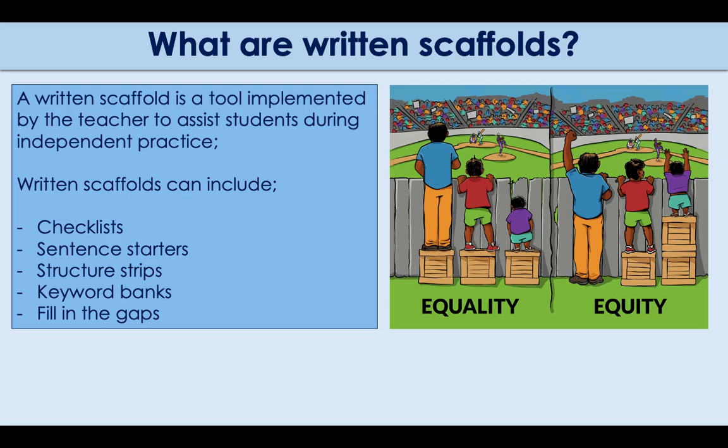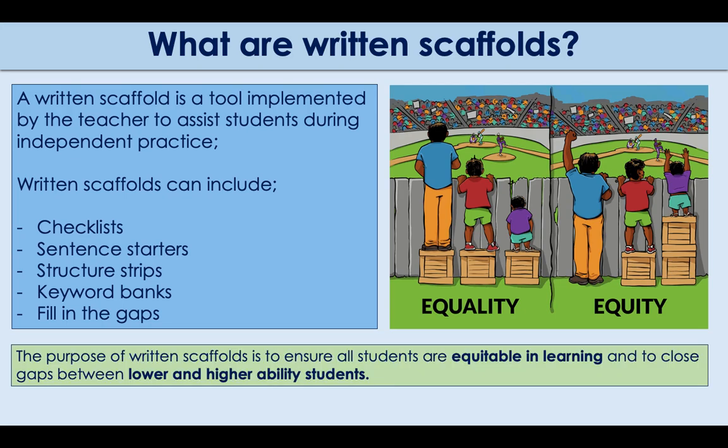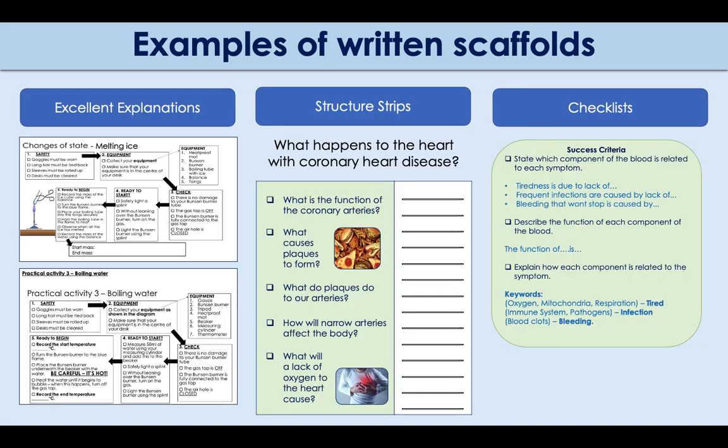Examples of written scaffolds can include checklists, sentence starters, structure strips, keyword banks, and fill in the gaps. The purpose of a written scaffold, as mentioned, is to make sure all students are equitable, meaning that students may need additional support, and it allows us to close the gaps between lower and higher ability students.